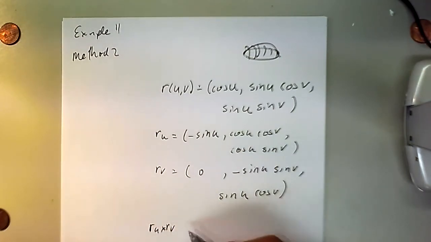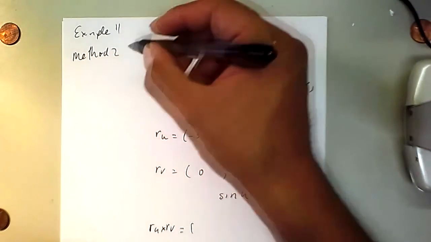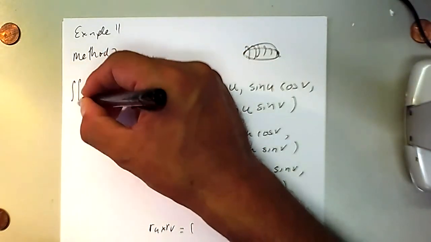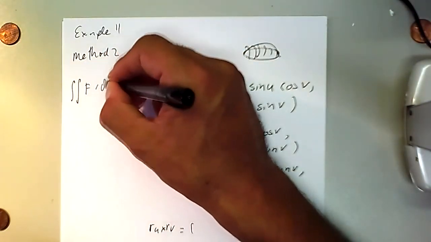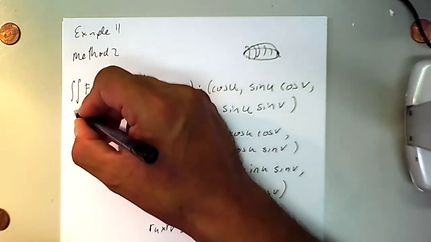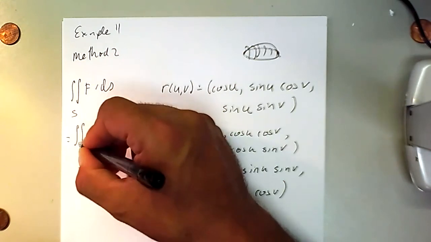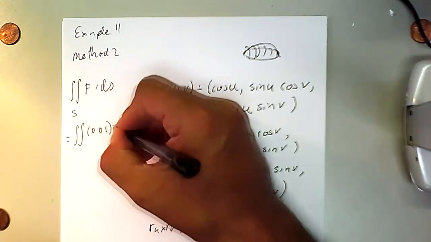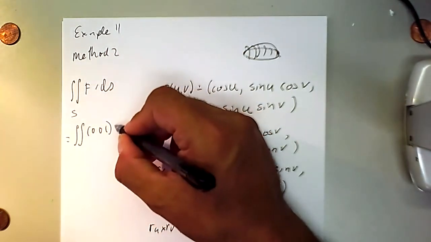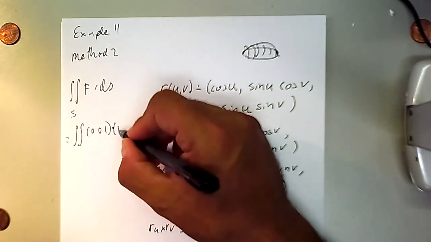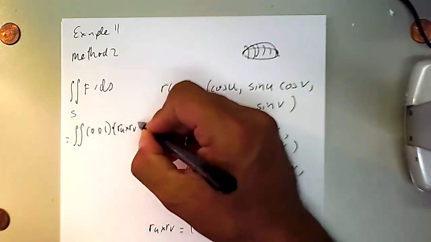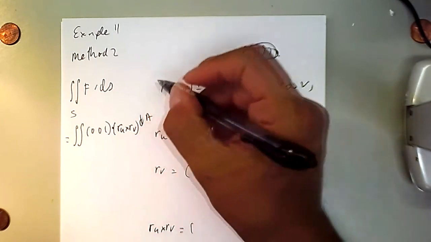Wait a minute, I could work really, really hard and get the 3, but what do we want after all? We want the double integral of f with respect to s over the surface, but that is the double integral of (0, 0, 1) dotted with r sub u cross r sub v with respect to the area.